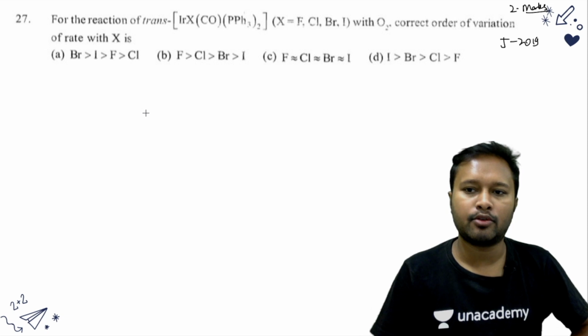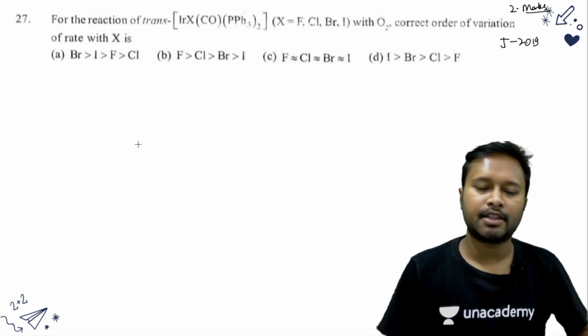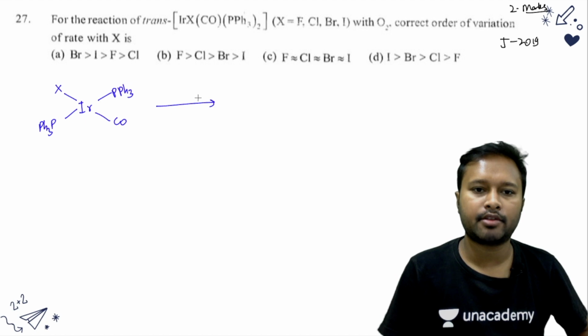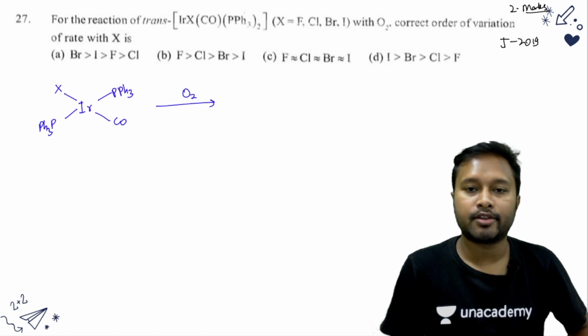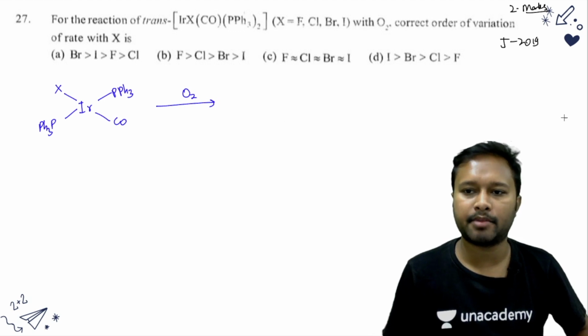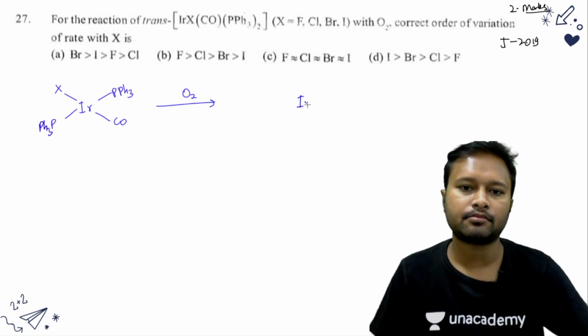So let's first of all look at what is happening in the reaction. The molecule given to you is a trans molecule. Here we have PPh3, PPh3, CO and X. Now when you treat it with oxygen, O2, what is going to happen? An oxidative addition reaction is going to happen, and you are going to have iridium.